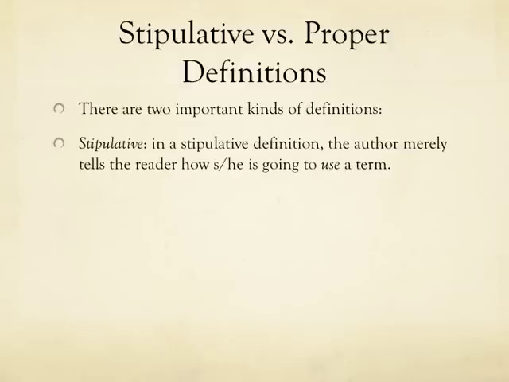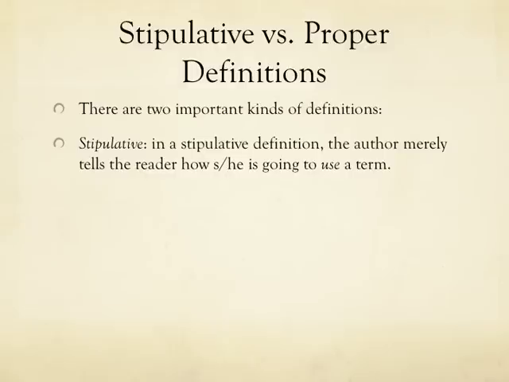So on a stipulative definition, you're not really trying to define the word in a way that everyone will find acceptable. You're not necessarily using the word as it would be used in any good dictionary. You're merely telling your reader or your listener, you're stipulating how you're going to use a term.